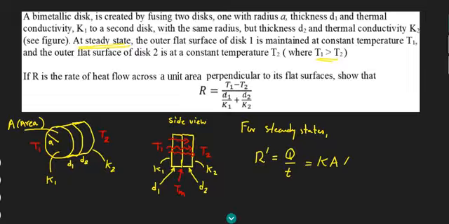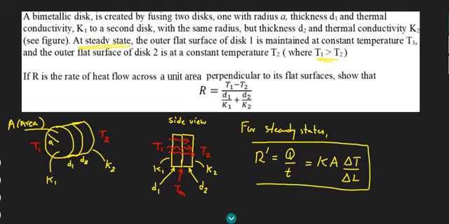So that means a change in temperature delta T divided by the change in length, or the thickness in this case, delta L. This uppercase T stands for temperature. So this is what we call the heat conduction equation for steady state cases.